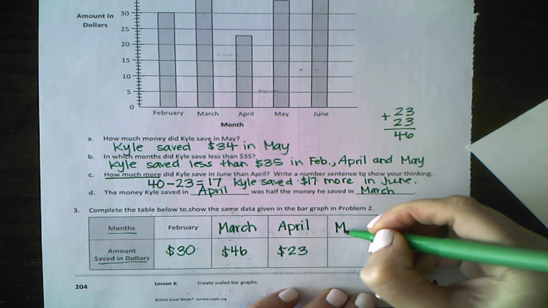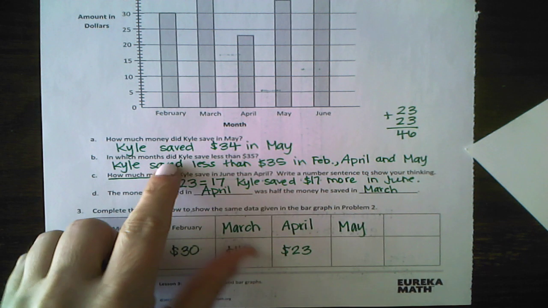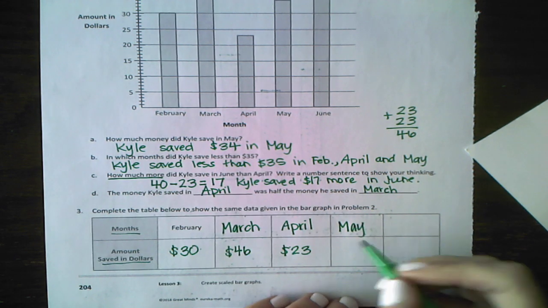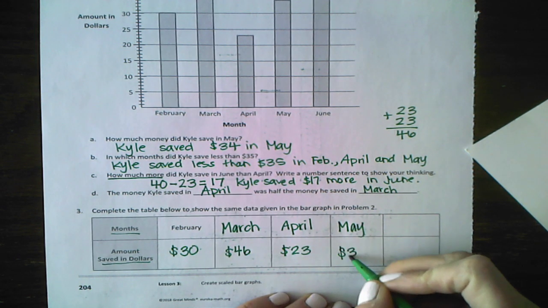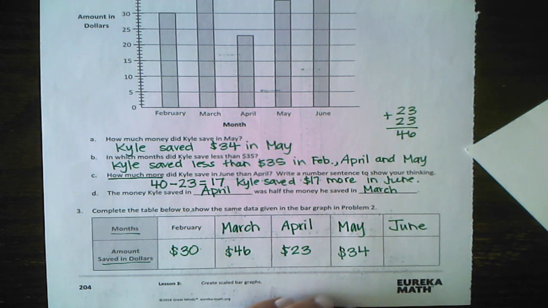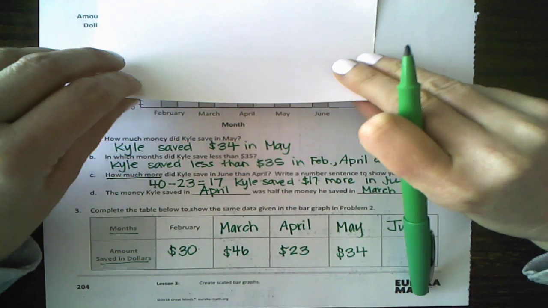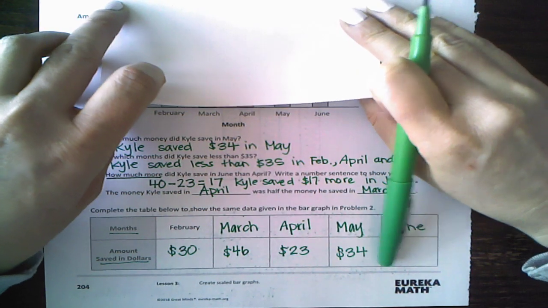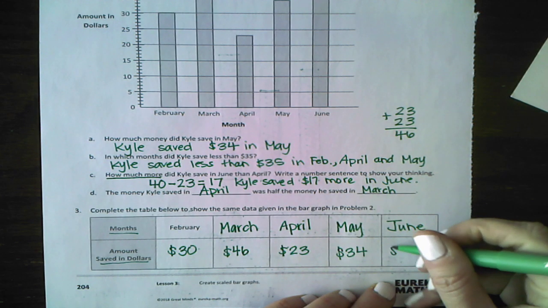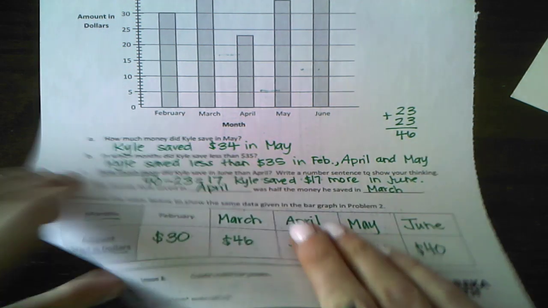How about in May? Kyle saved $34 in May. 34. And in June, how much did this guy save in June? Exactly 40. Nice job, Kyle. You saved a lot of money. That's a lot of Fortnite coins.